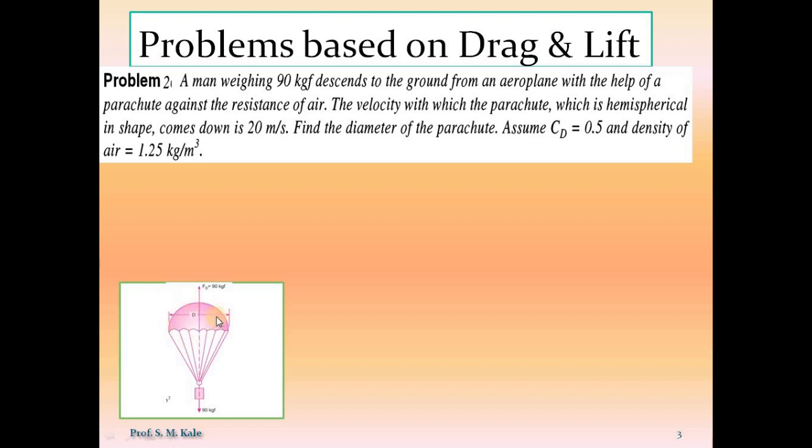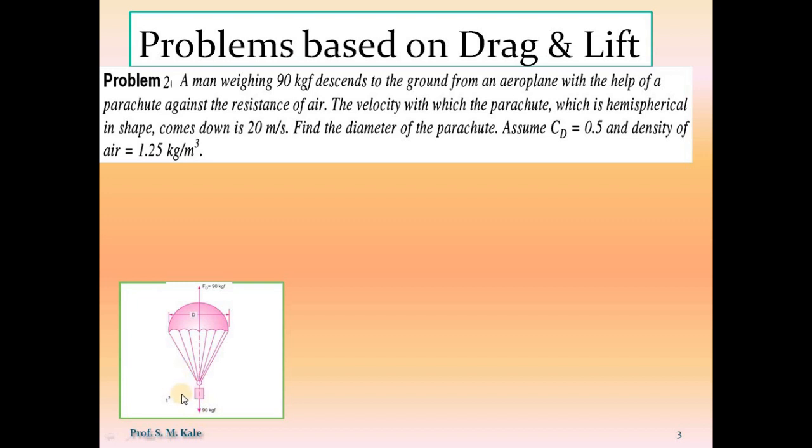The shape of the parachute is hemispherical. Whenever that person is descending towards the ground surface, the surrounding air will move in this direction, that means in the vertically upward direction, because that person along with the parachute is coming in the vertically downward direction.